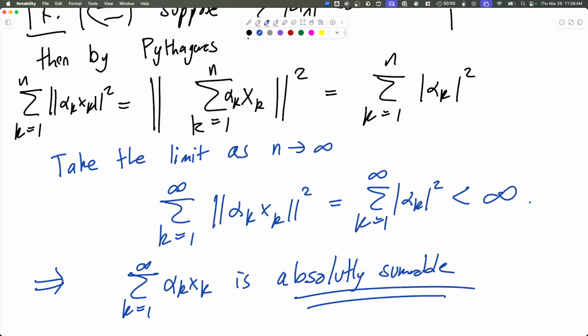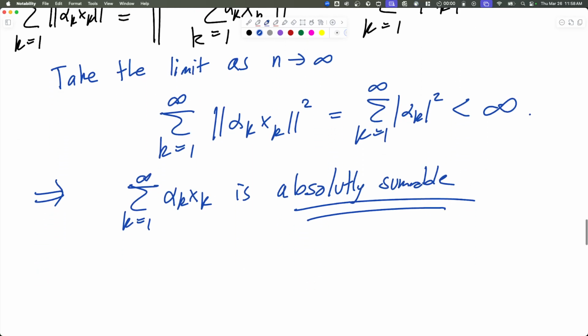Okay, and this is where you can do more work or you can do less work. If you want the fastest way possible, you can remember that in a complete space, every absolutely summable sequence is convergent. So this is some fact from chapter 1.